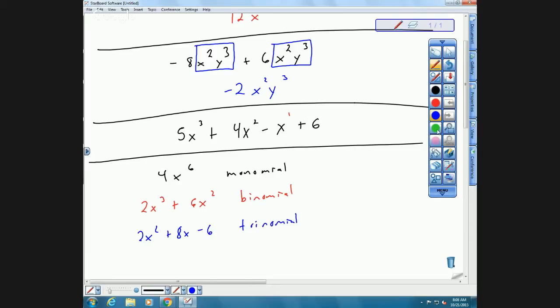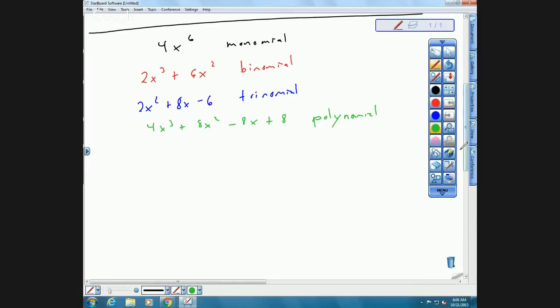And anything past 3, if you had something with 4 terms in it, is just a poly. The root word poly means many. So 1 term is monomial, 2 is binomial, 3 is trinomial. If you see those words anywhere, that's what they mean.